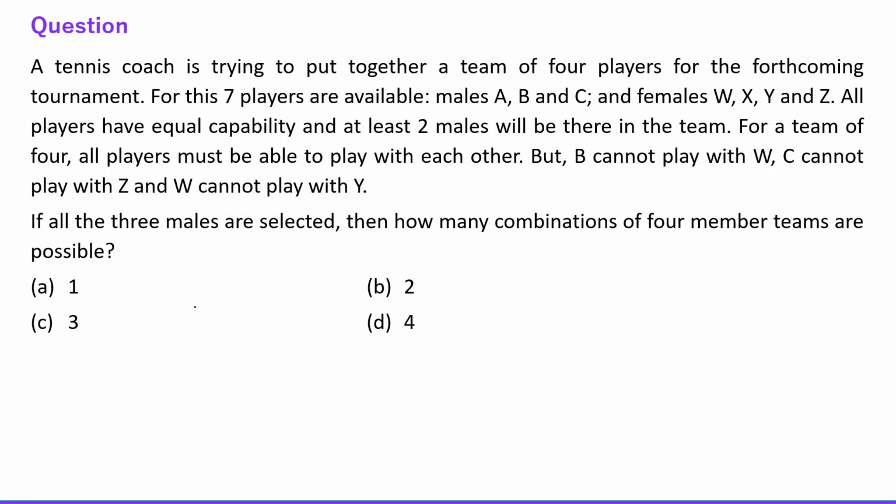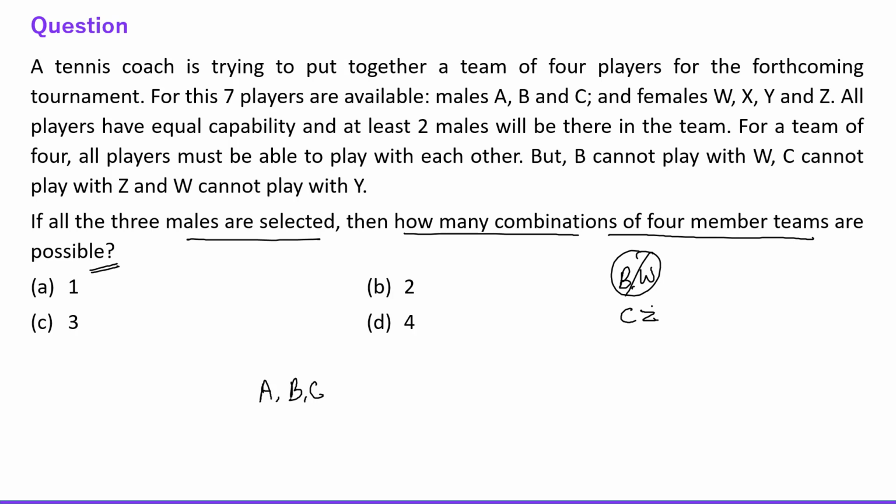The next question says, if all the 3 males are selected, then how many combinations of the 4 members team are possible? All the 3 males, A, B, C, are selected. Then BW can't be together, CZ can't be together, WY can't be together.